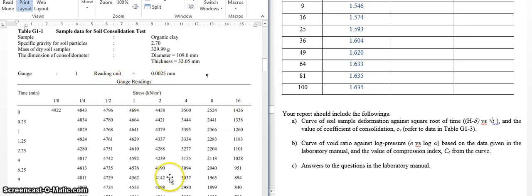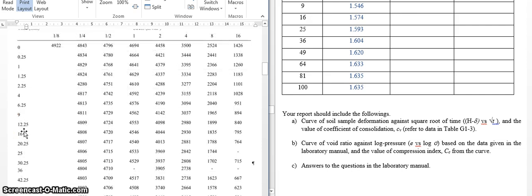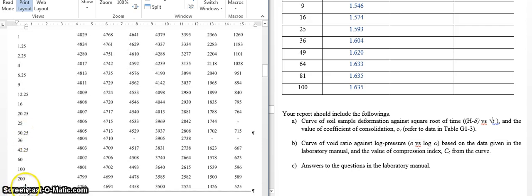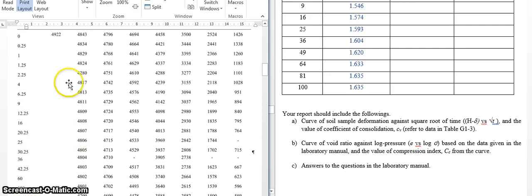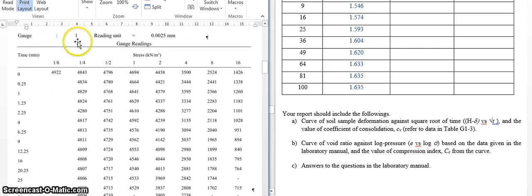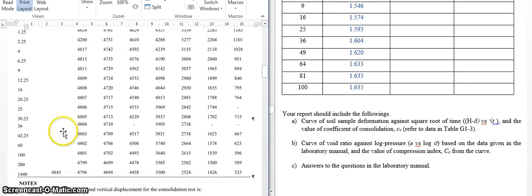This is the list of your readings for the stresses of 1/8, 1/4, 1/2, 1 kilonewton per meter squared, 2, and until 16 kilopascal, and for the respective time up to 24 hours. It is in minutes, but it is actually equal to 24 hours. So you get the initial gauge reading 4,922, and also the final reading.